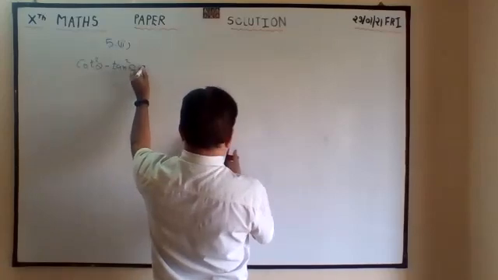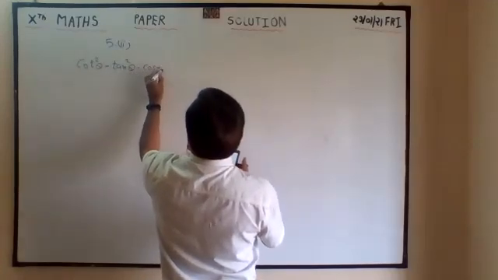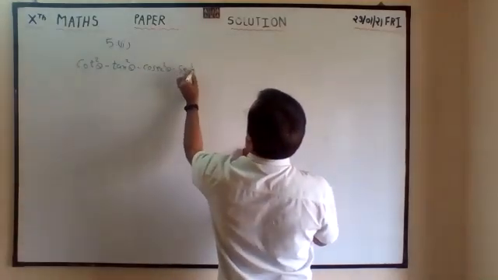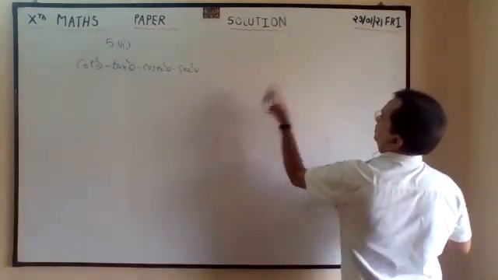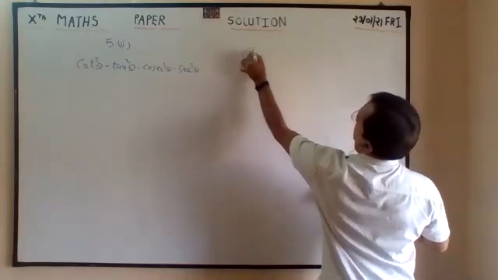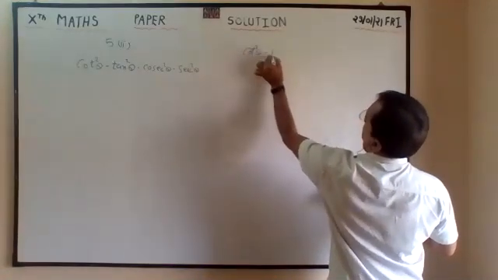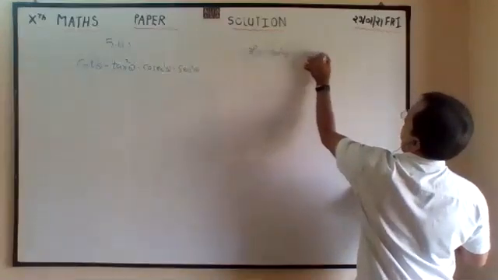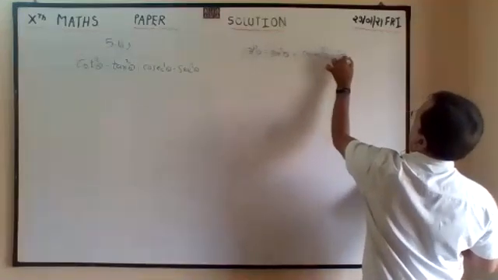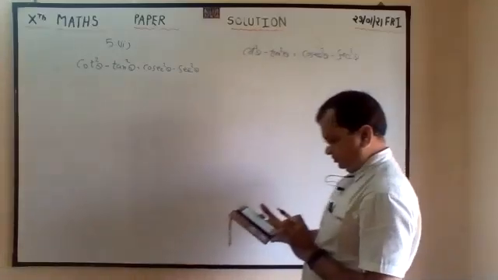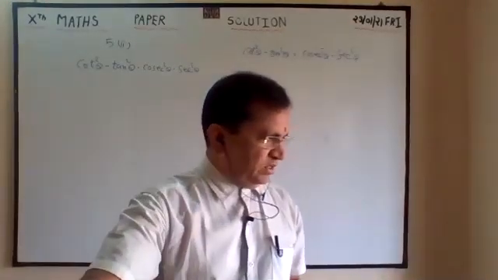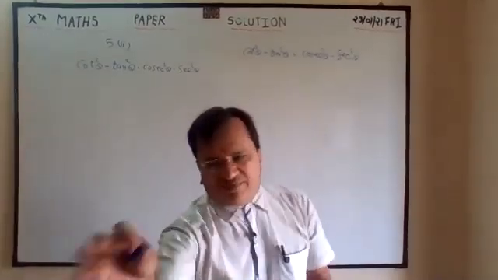We have to prove cosec square theta minus sec square theta. We will prove both the sides. From left to right I will prove, and from right to left I will prove.